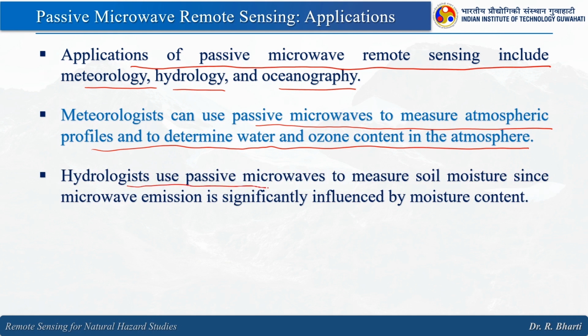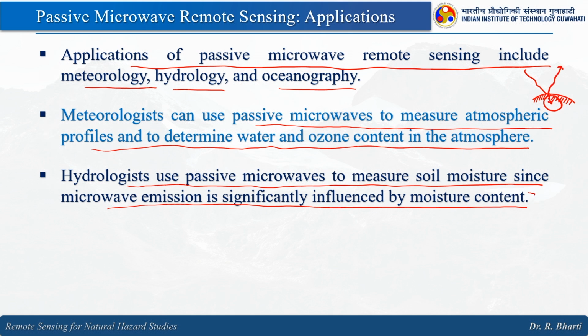Hydrologists use passive microwaves to measure soil moisture, since microwave emission is significantly influenced by moisture content. So, what happens if you have a surface which is moist or is having moisture content? The dielectric property of this particular surface will control how much energy will be absorbed in the microwave domain, right.